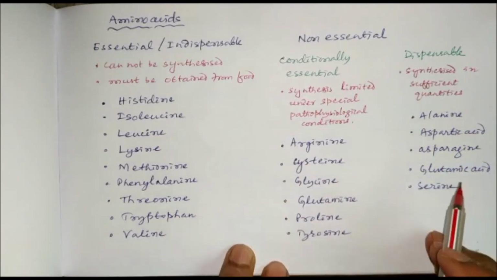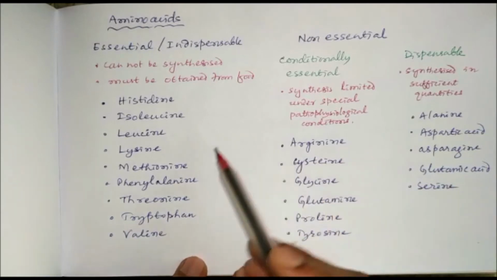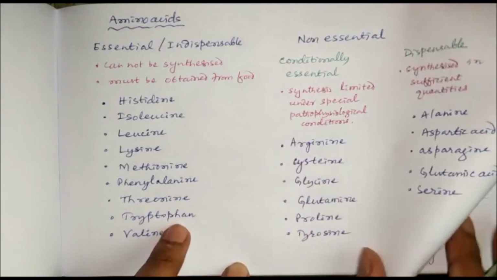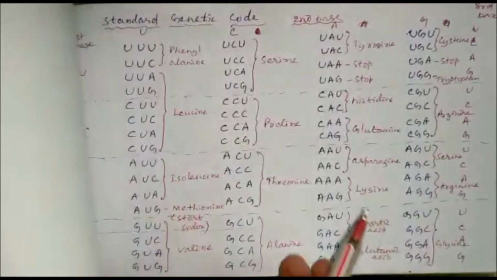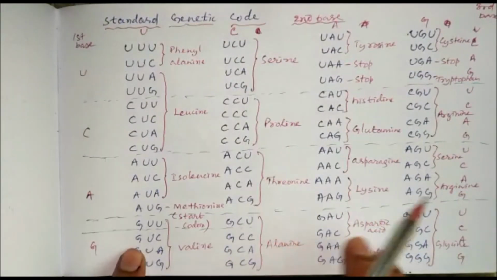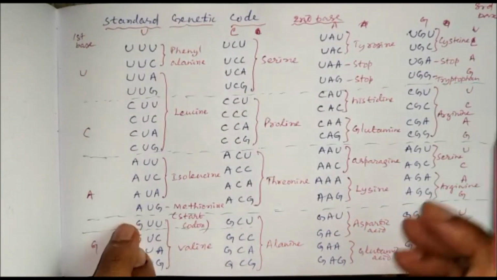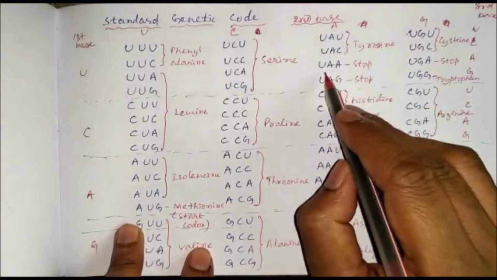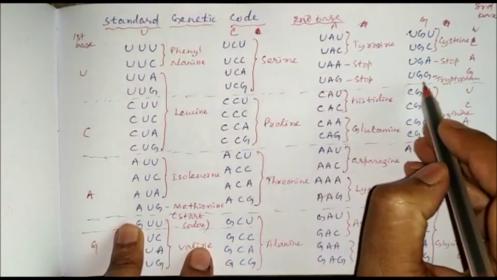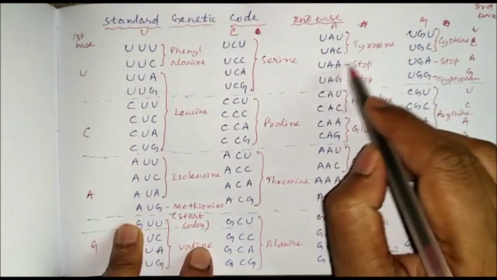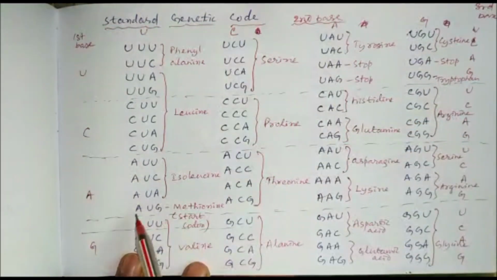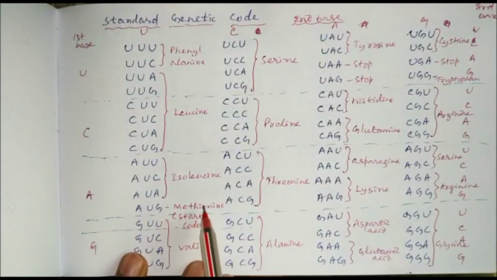All these 20 amino acids are represented by 64 codons. Out of that, 3 are stop codons: UAA, UAG, UGA. These 3 are stop codons, and AUG is the start codon, which is always methionine.